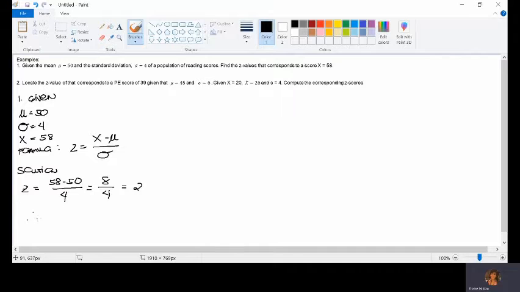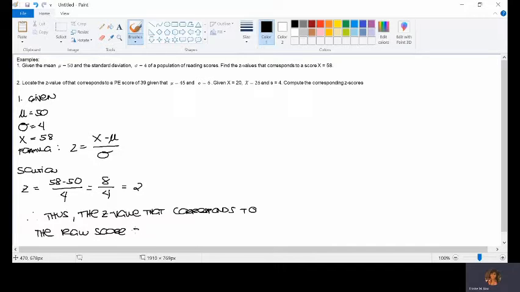So therefore, your conclusion will be: the z-value that corresponds to the raw score 58 is 2 in a population distribution.